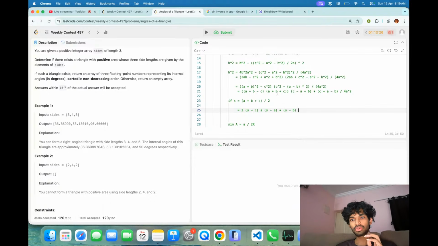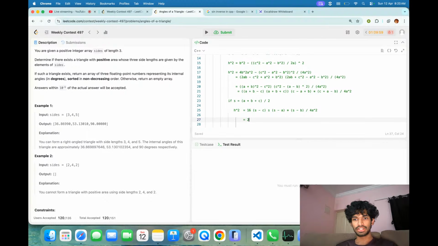So you get 2 here, 2 here, 2 here, 2 here. So you will get 16 by 4a square equals to, we have root, right? Equals to 4.